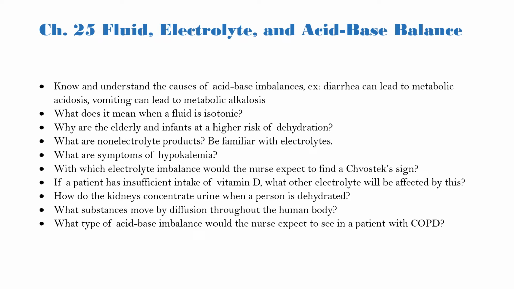More ADH is released when the blood becomes more concentrated, circulating blood volume is decreased, or the person is experiencing nausea, pain, or stress. With increased ADH, the renal tubules reabsorb more water, and urine output will decrease.